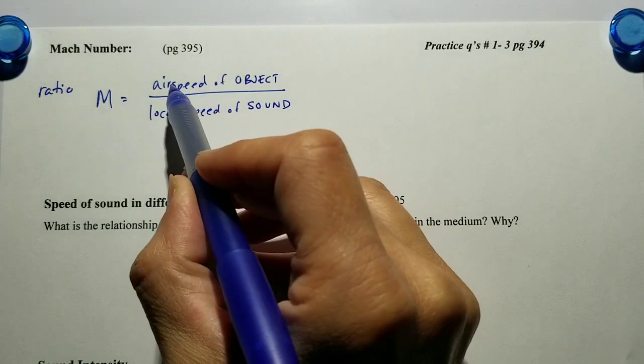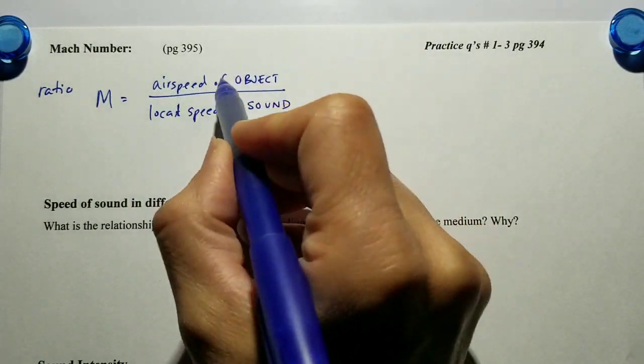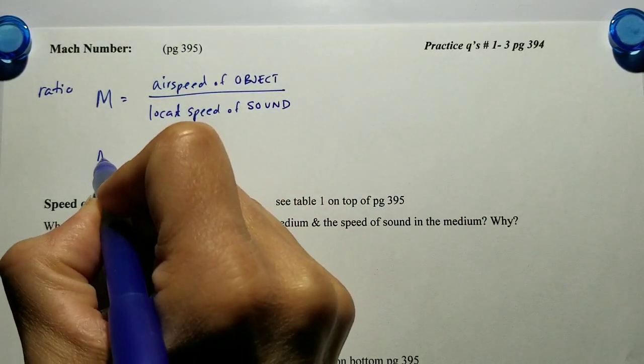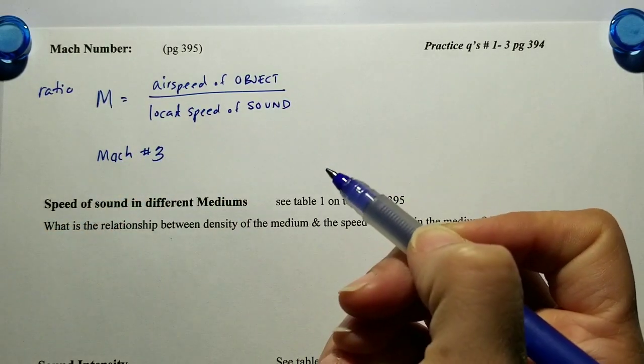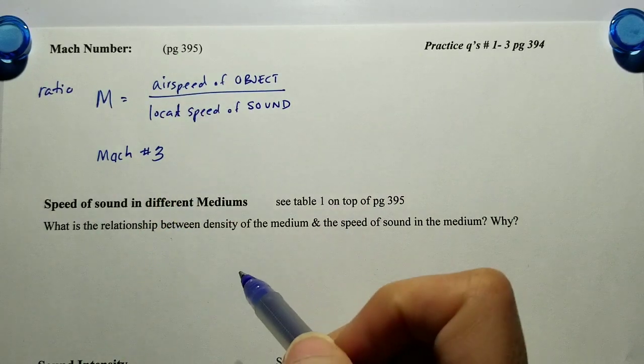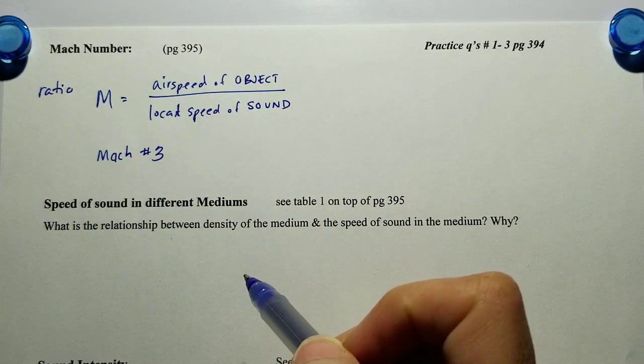If the object has a Mach number of 3, it means the airspeed of the object is 3 times the speed of sound.